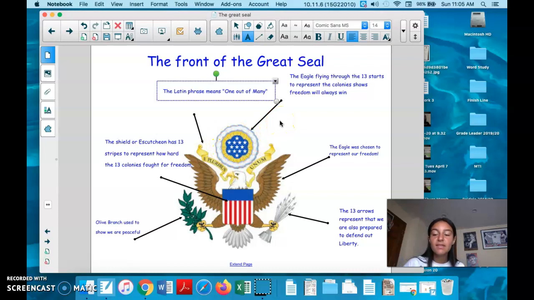They represent the colonies, and they show that freedom will always win no matter what. And then on the front of the Great Seal there is this Latin phrase. This Latin phrase means one out of many, which means that we won our independence from Great Britain, and we were one of many that were fighting for independence, and we won.